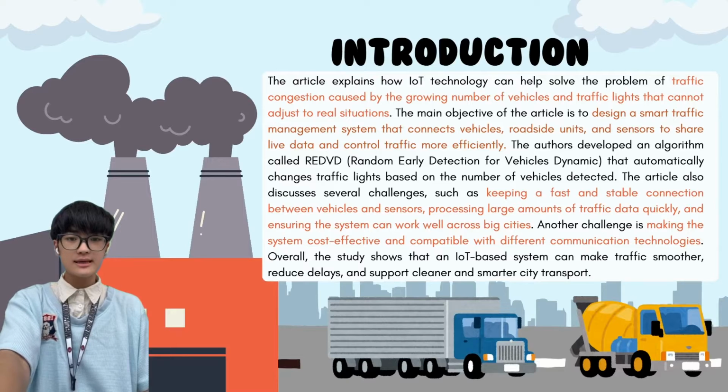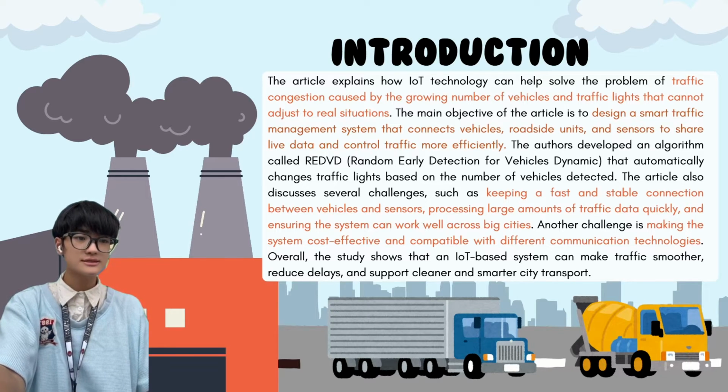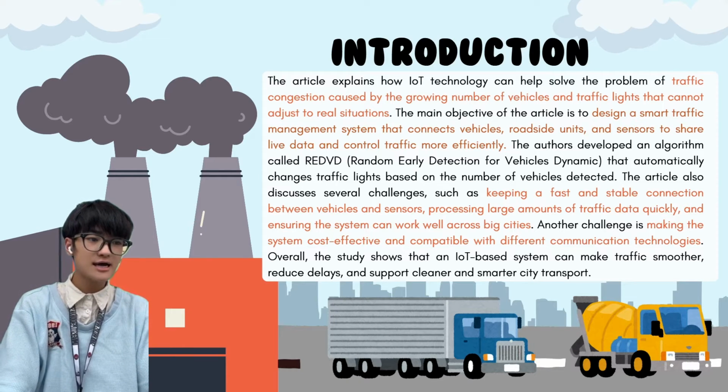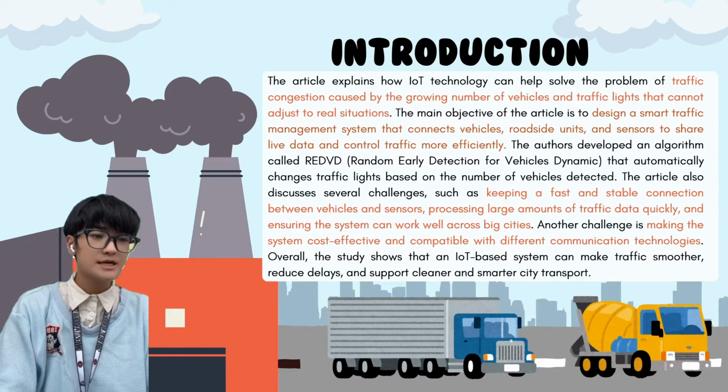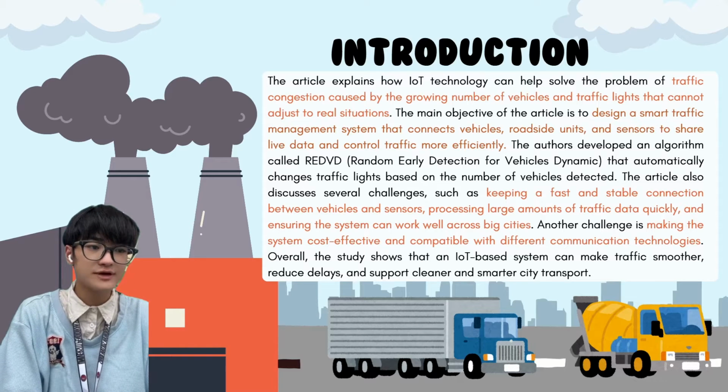I will explain it. The article explained how IoT technology can help solve the problem of traffic congestion caused by growing numbers of vehicles and traffic lights that cannot adjust to real situations. The main objective of the article is to design a smart traffic management system that connects vehicles, roadside units, and sensors to share live data and control traffic more efficiently.